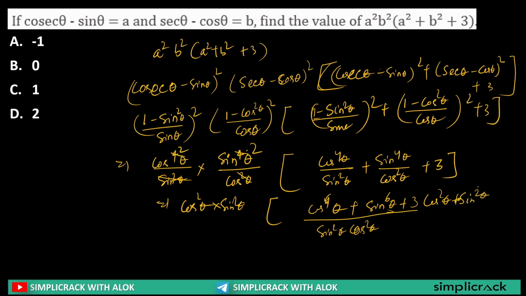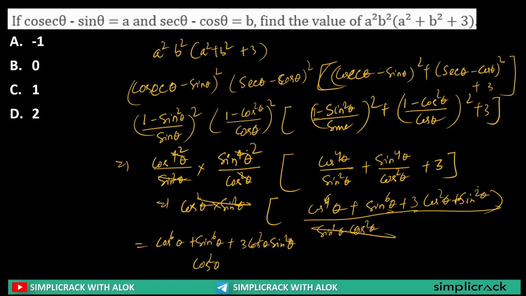Okay, this thing will cross out this thing, so the whole thing will remain as cos 6 theta plus sin 6 theta plus 3 cos square theta sin square theta, and you know these things can be written as (cos square theta plus sin square theta) cube, which is equal to 1 cube, that is 1.